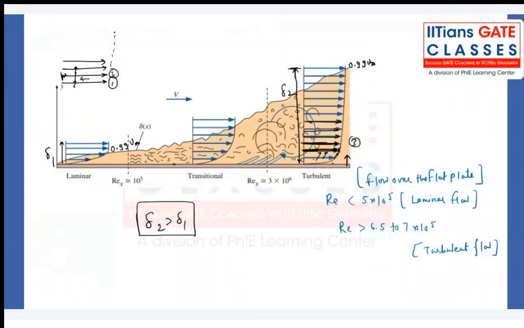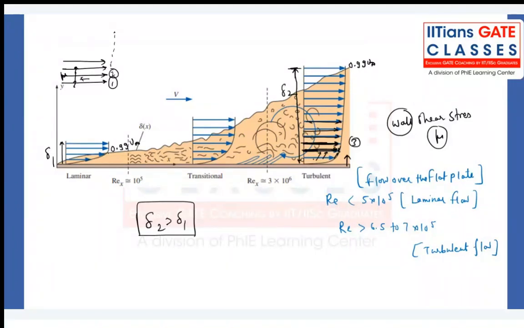Because of momentum transfer in the turbulent flow, we do not have only one wall shear stress, the shear stress which is there because of viscosity. But here, because of the momentum transfer, they start hitting and mixing with the molecules.